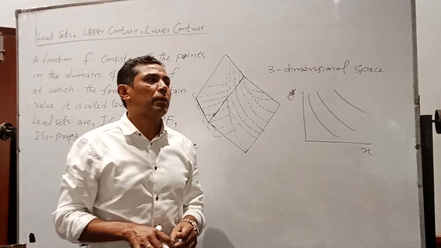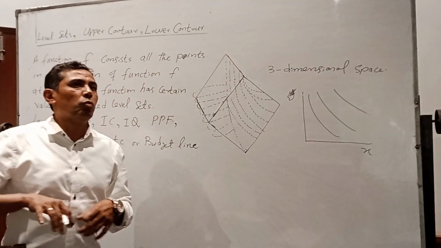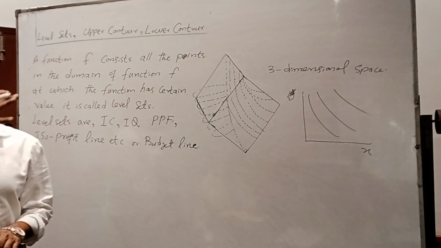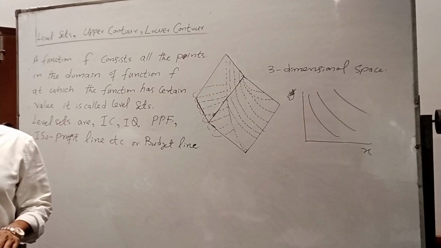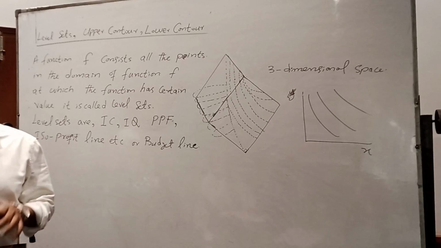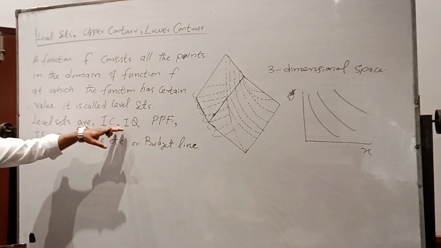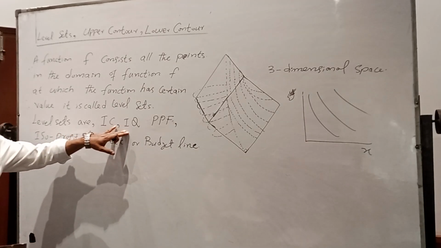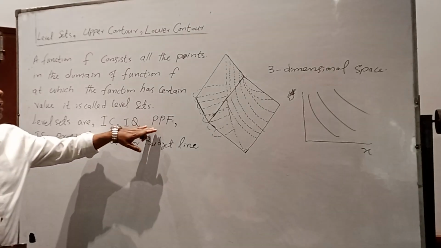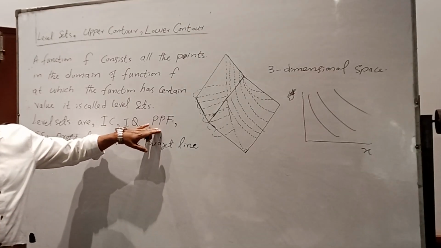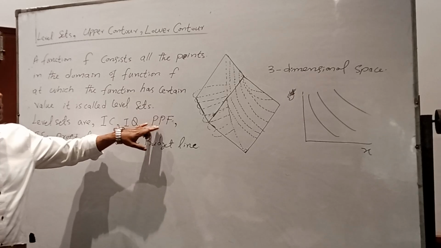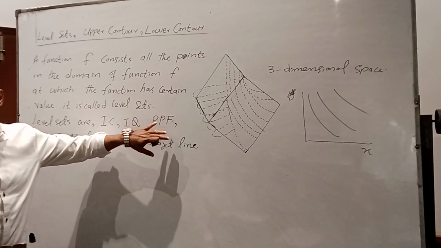And similarly, what is another value of the function you need to fix? Which one is isoquant in case of the production function? In case of the exchange economy or the trade, you will have the production possibility frontier.